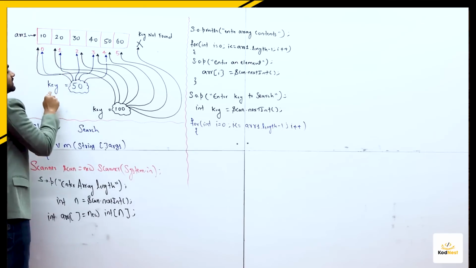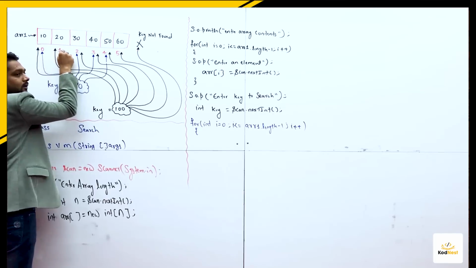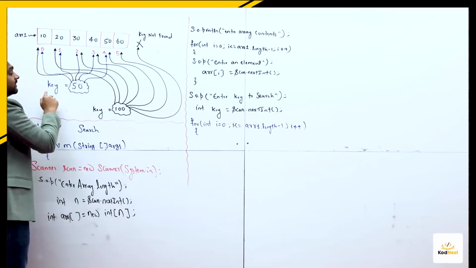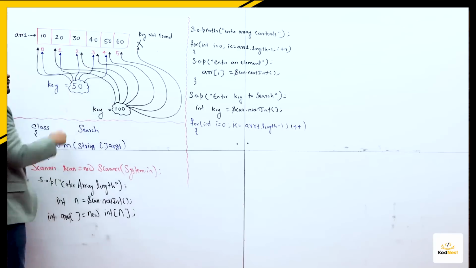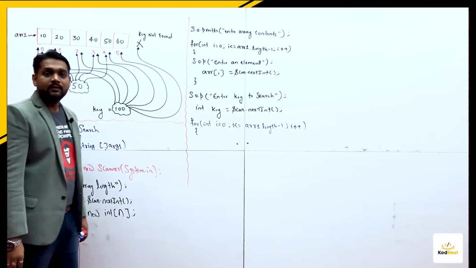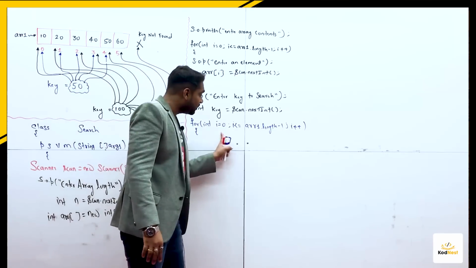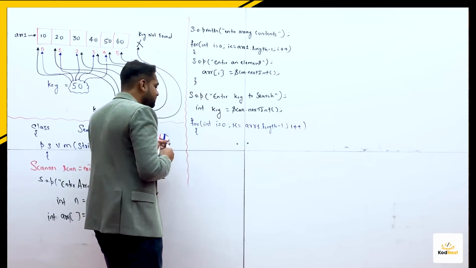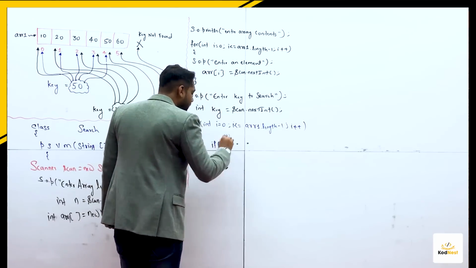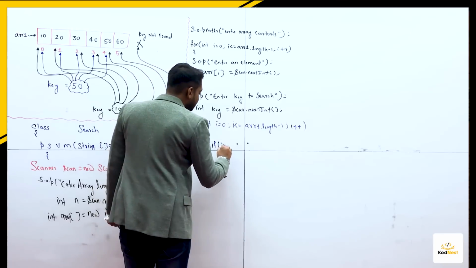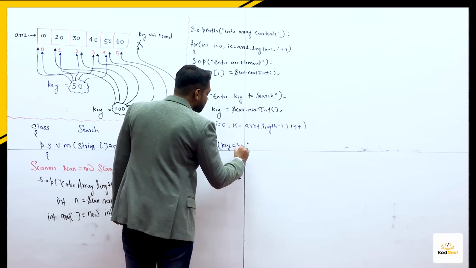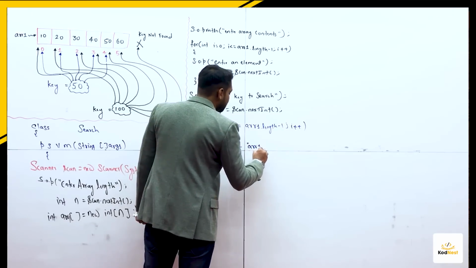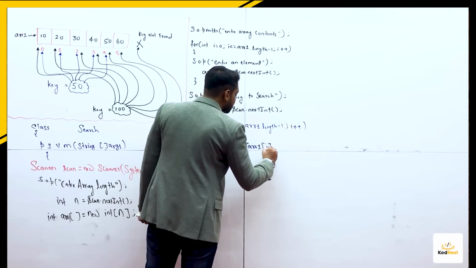Again, you checked whether the key is matching with arr of 1 or not. Did it match? No, so you went ahead. Whether the key is matching with arr of 2 or not, that is what you did. You started searching from 0 and will go until last. But every time, you are just checking whether the entered key is matching with arr of i or not.